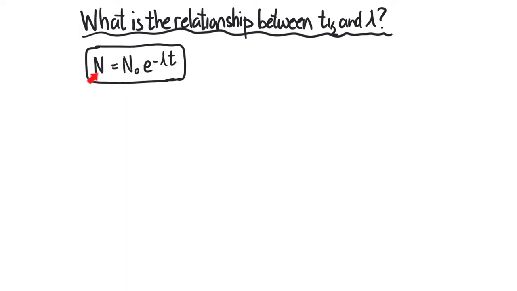N being the number of undecayed nuclei, N0 being the initial amount of undecayed nuclei in the sample, and e being the natural logarithmic base, minus lambda, the decay constant, multiplied by t, the time. So this is a function of time.